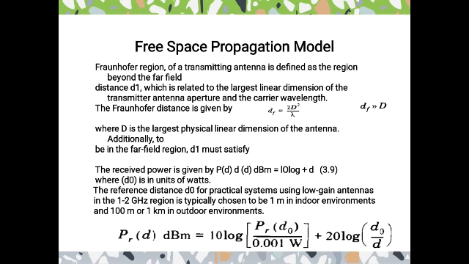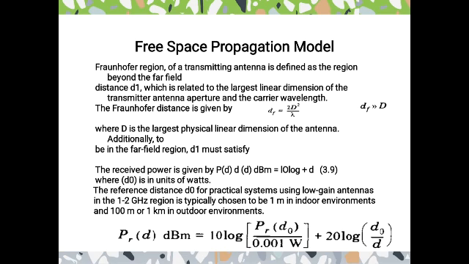In addition, df must satisfy df is greater than D, and the far field df must satisfy df is greater than lambda, and the received power is given as Pr(d).